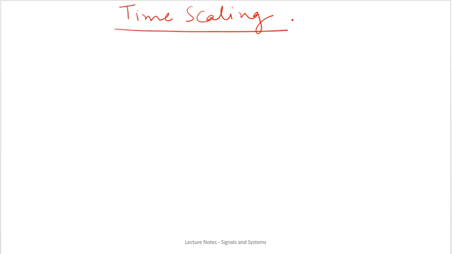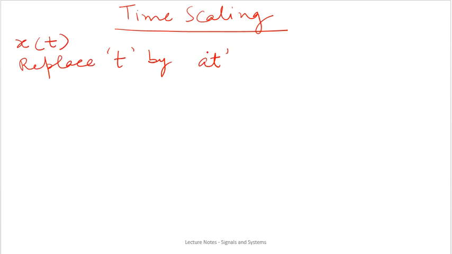Okay, now in this time scaling operation, again we start by the same signal, which is x(t). So in time scaling operation, what we do is we replace t by at.